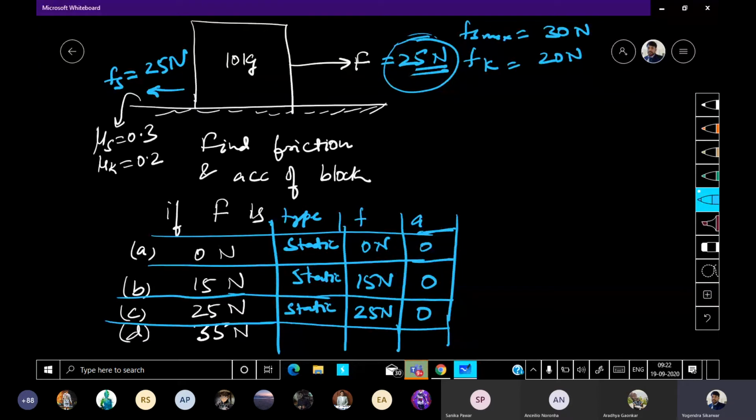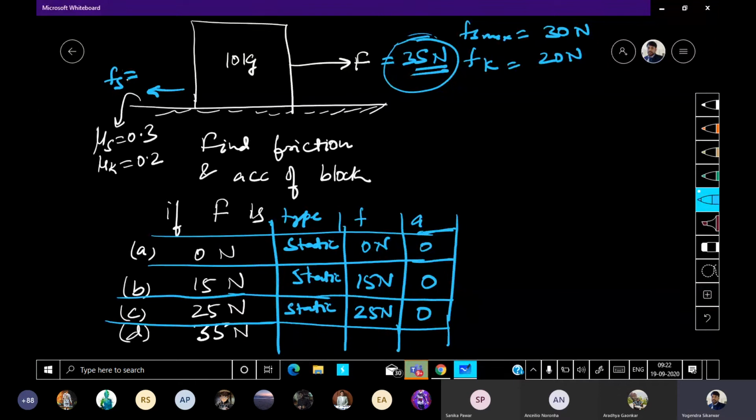Now in the next case, F becomes 35 Newton, right? So when F becomes 35 Newton, again the message is sent, sir, the force has increased now.